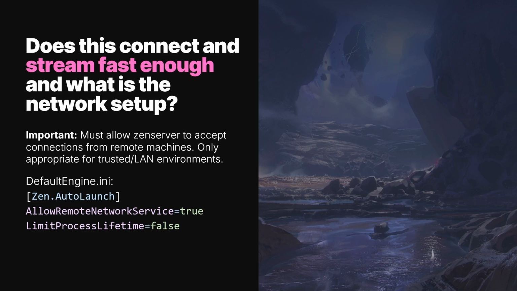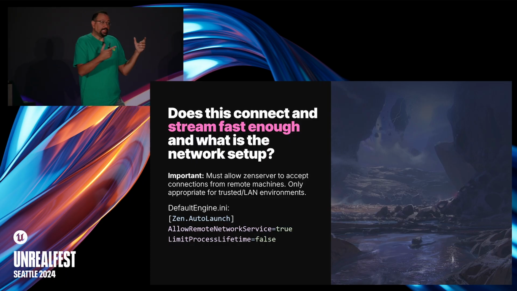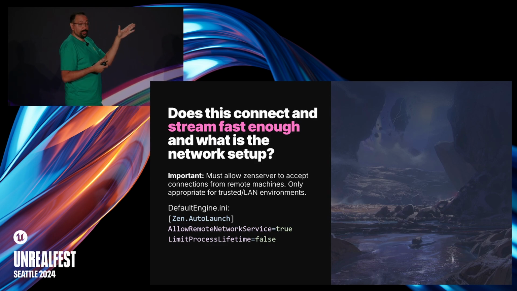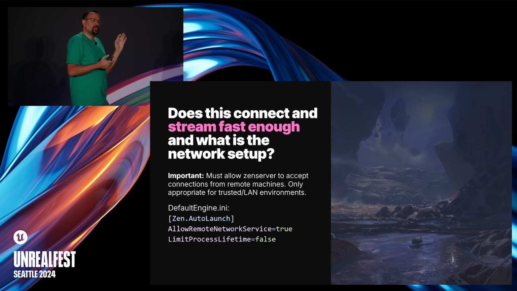One implementation detail that's important to be aware of is that for security reasons, ZenServer doesn't accept connections from any other machine. By default, out of the box, it's limited to only accepting connections from the local host. If you want to make use of Zen streaming, then another machine, console or mobile device, needs to be able to connect to it in order to stream that data, and that requires some manual configuration changes as shown here, and that's only appropriate if you are in a trusted or LAN environment.